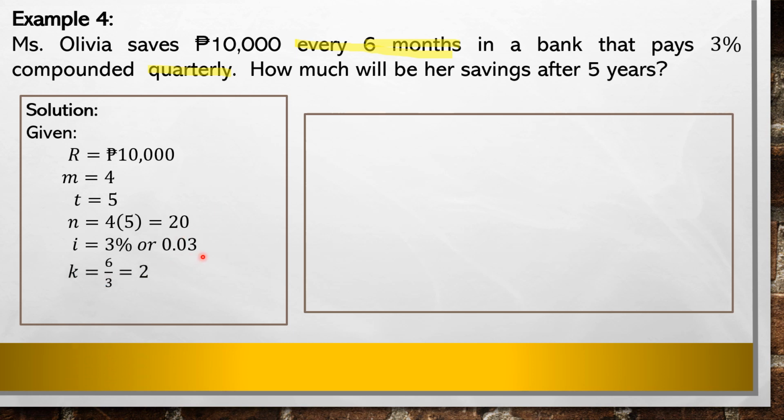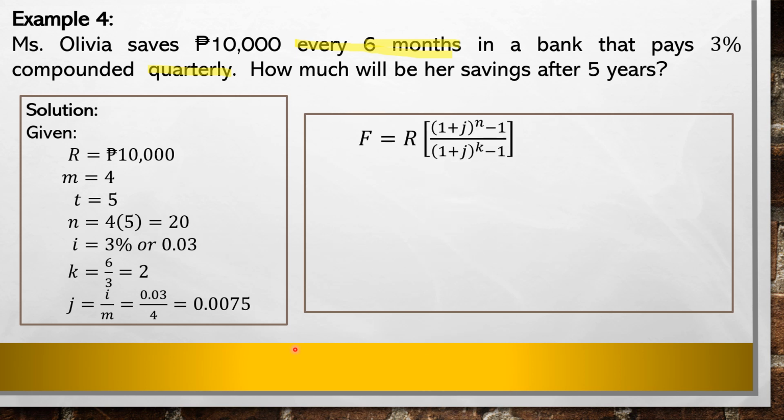Where did the K of 2 come from? Payment is every 6 months, and quarterly means every 3 months, so 6 divided by 3 is equal to 2. Then our J is I over M, so 0.03 divided by 4, which is 0.0075.